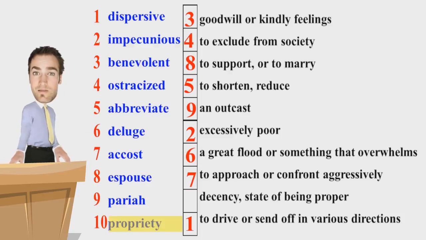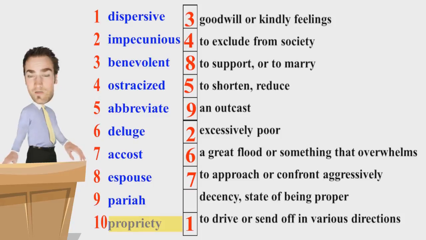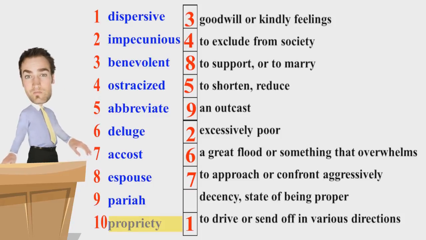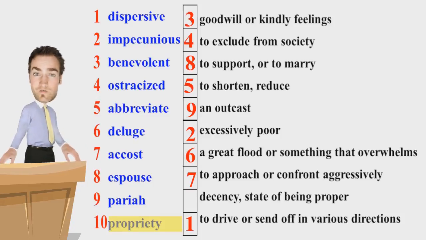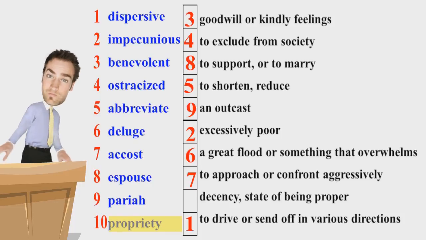Our final word, the 10th word, is propriety. It has several meanings. In general, it just means conformity to established standards. It also can mean appropriateness to the purpose, or perhaps a rightness or justness. It's not a difficult word. It's from the Latin proprietatem, and it meant appropriateness or fitness or ownership.